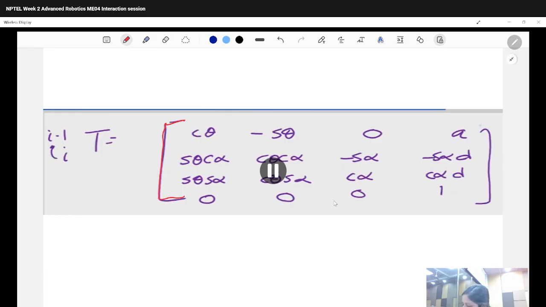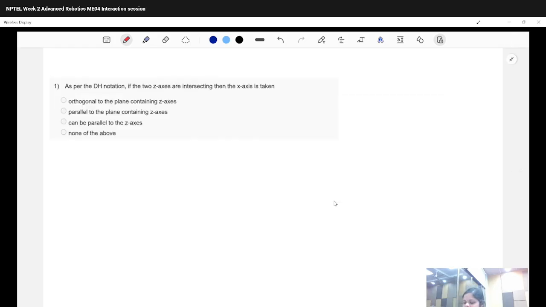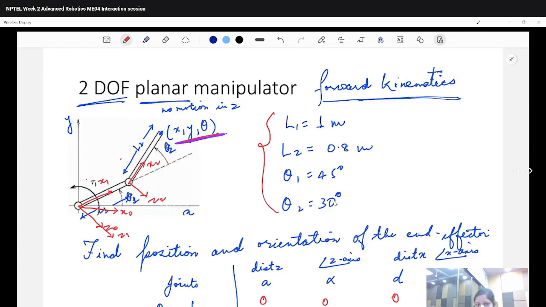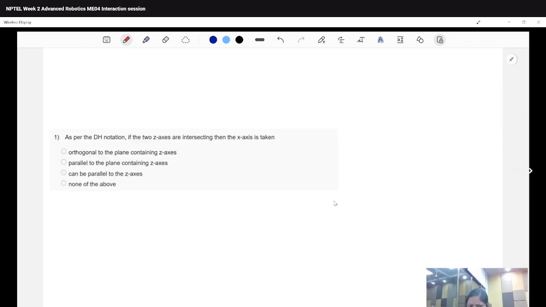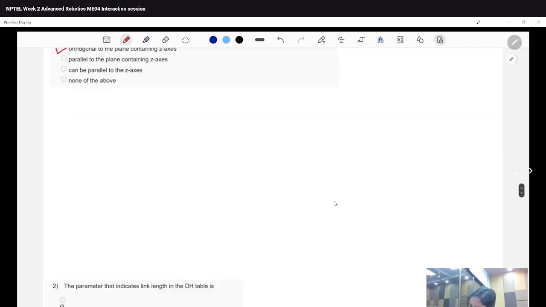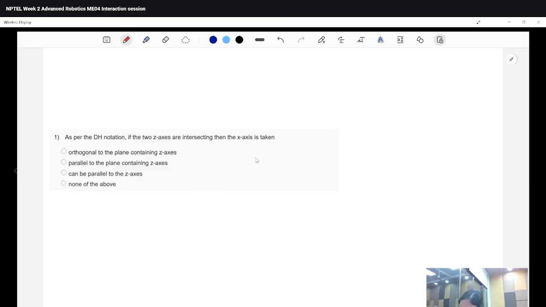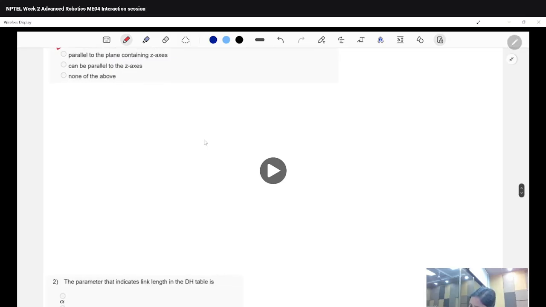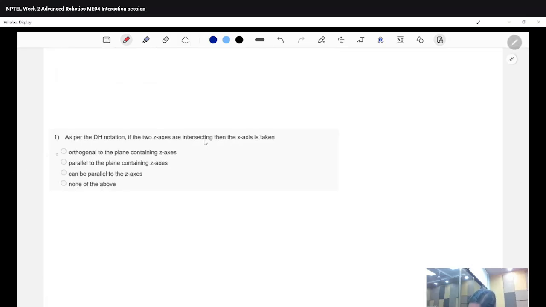So if you want to watch in more detail, you can watch this. From here you can see one of the rules, the x-axis.